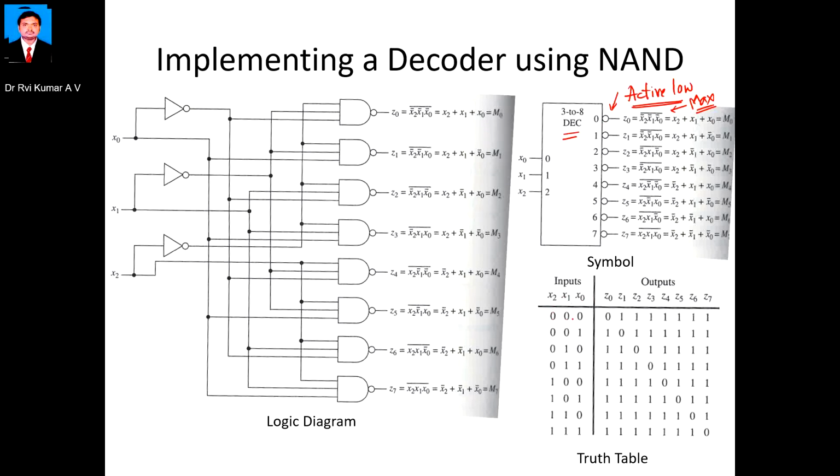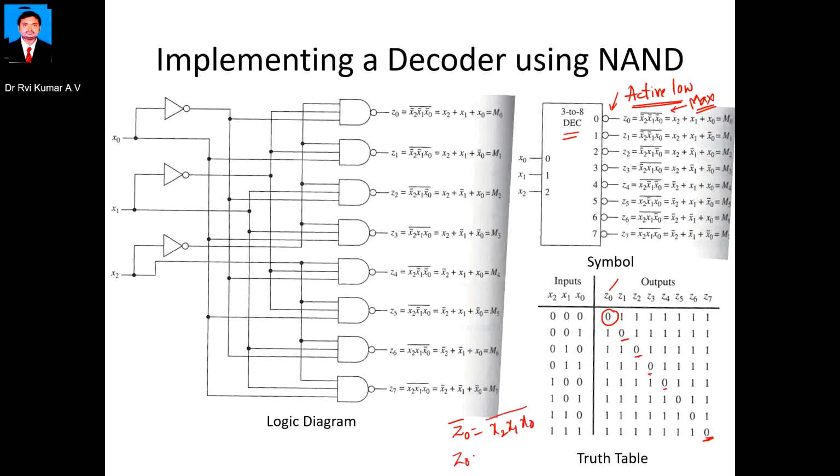Similarly, here is 0 0 0. It works with z0 as a max term. For 0 1 it is z1, then 2, 3, and so on, I am getting the max term as the decoded output. I can realize the expression for z0, which is in complemented form, as z0 bar, that is the complement of x2 x1 x0 bar.